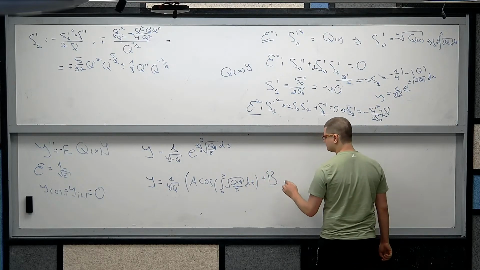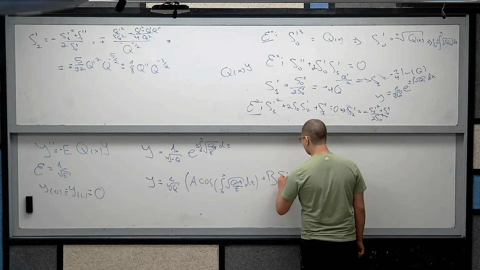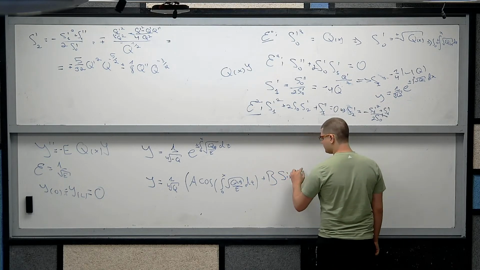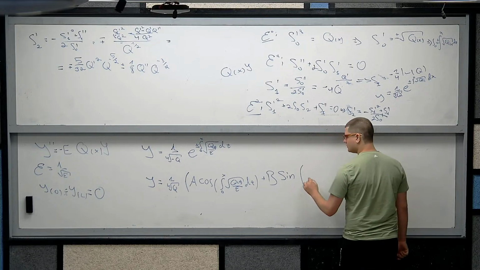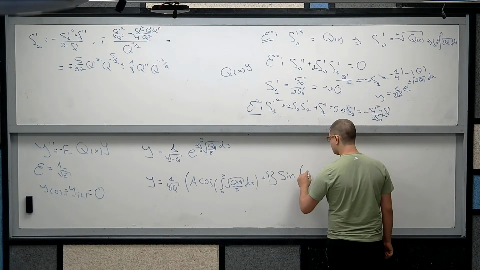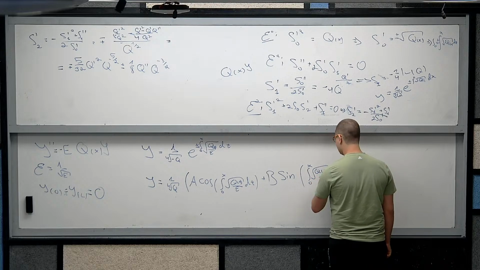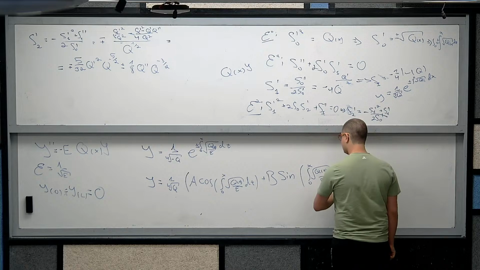Plus B sine of the integral of square root of q of t divided by epsilon dt.